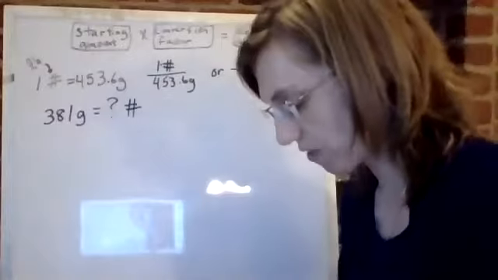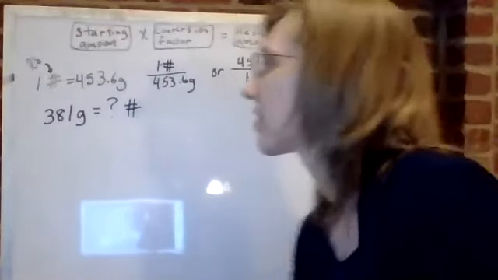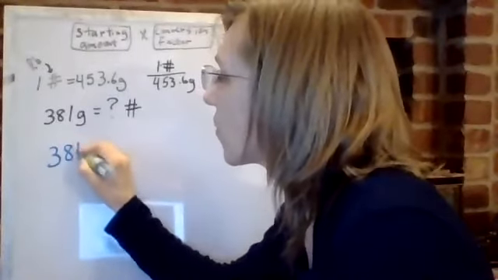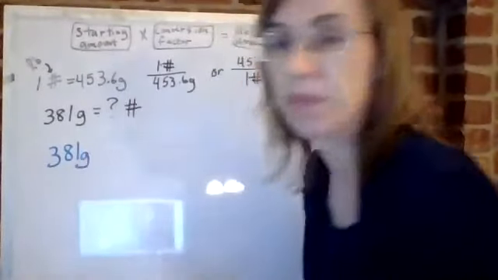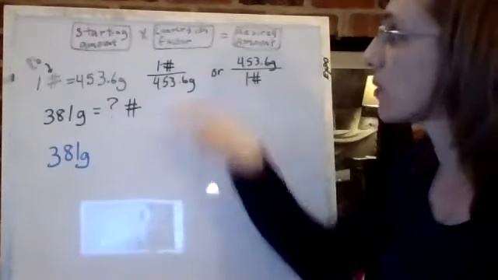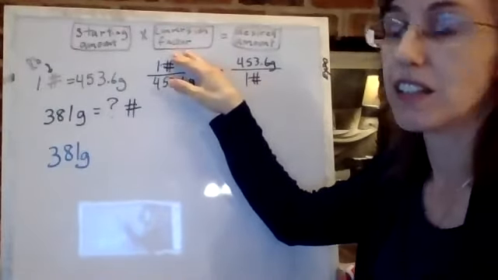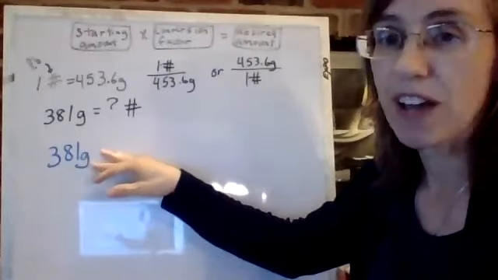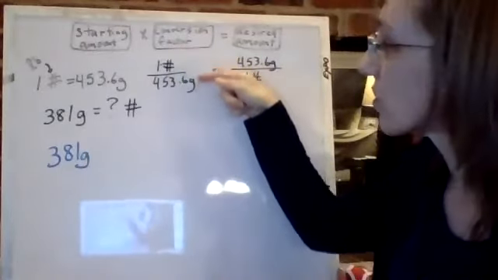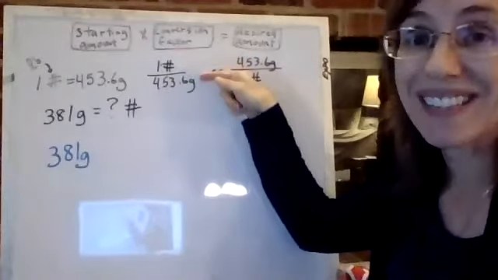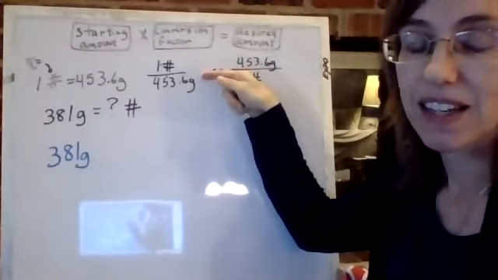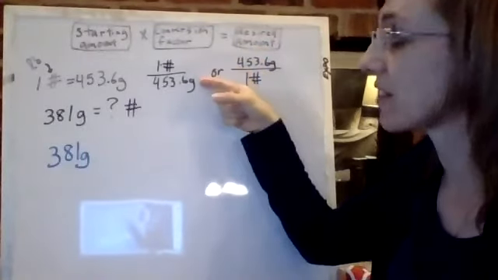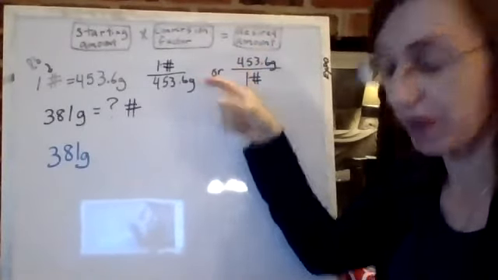So we're going to start off our problem with that number, 381 grams. Now we're going to multiply it by a conversion factor to get our answer. Now we're going to use the fact that when we do these conversion factors, we leave the units in. Okay? That's very, very important. You have to leave the units in.